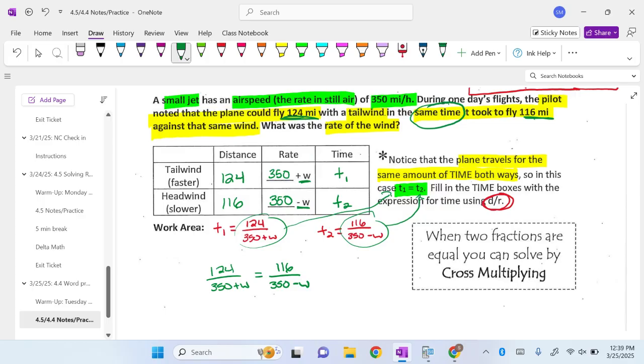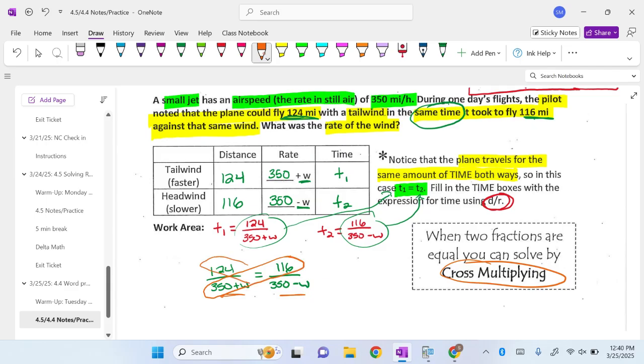Now let me ask you this. Look at how your equation is set up. What would be the easiest solving method? Do you think I'd have to use LCD on this? No, because I only have one fraction on each side of the equal sign, right? So what method can I use? Cross multiplying. Since I only have one fraction on each side, I can cross multiply.